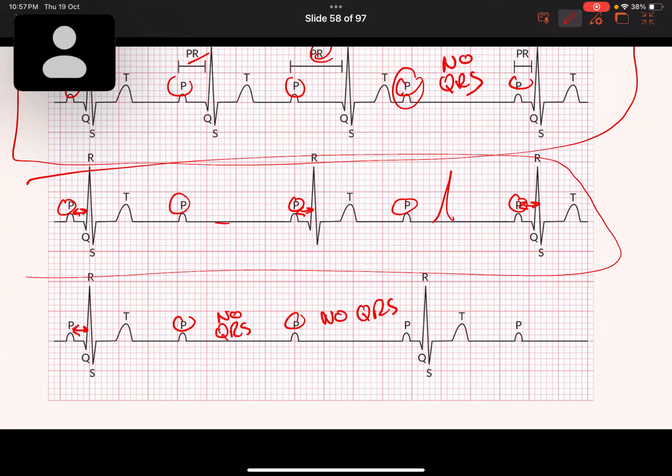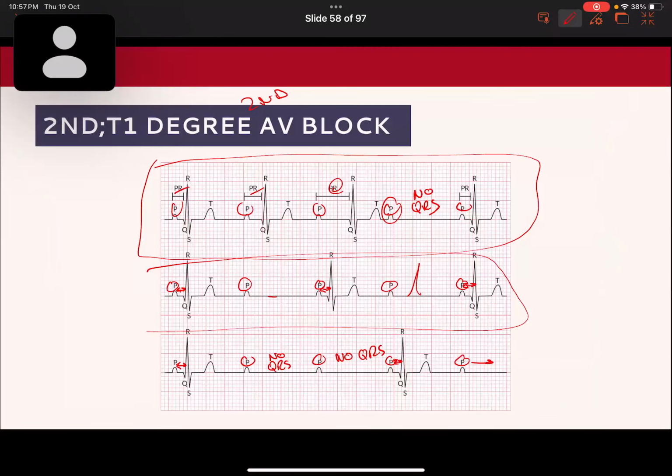And then another P wave, but there is a QRS complex with a normal PR interval. And then another P wave with no QRS. What do you think this is?